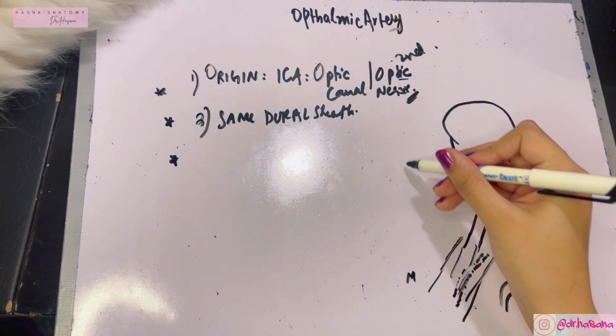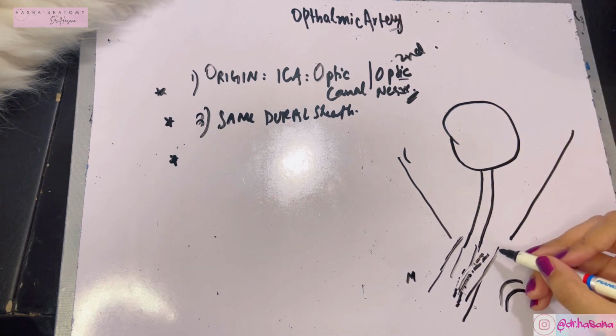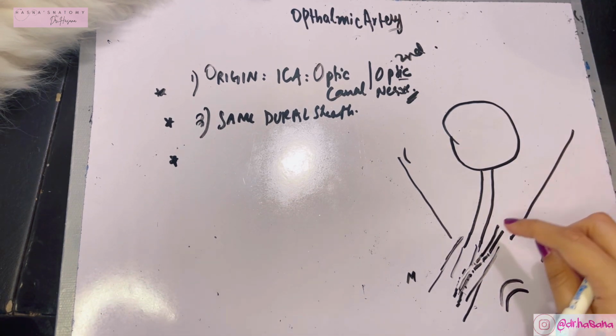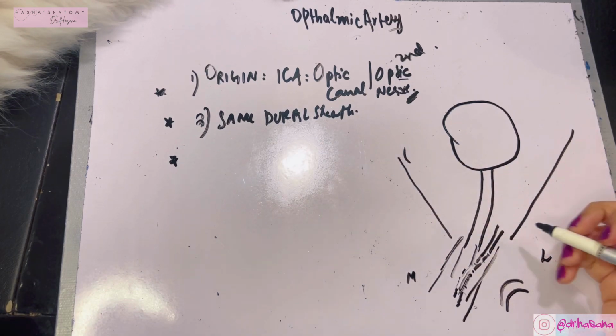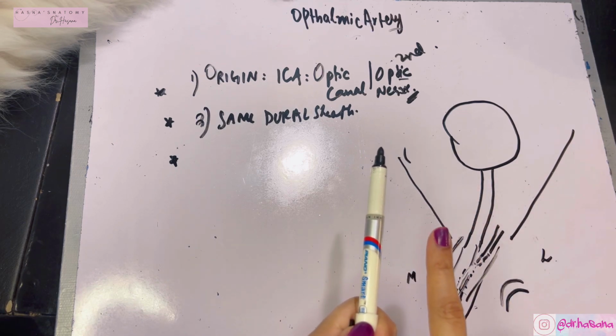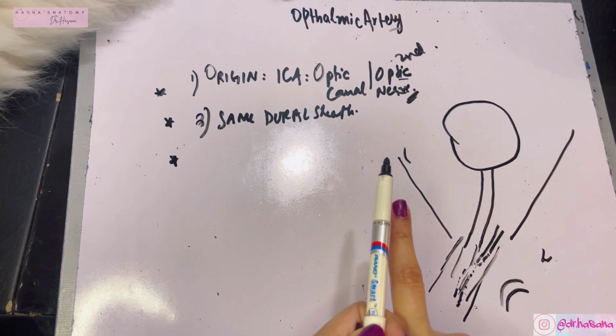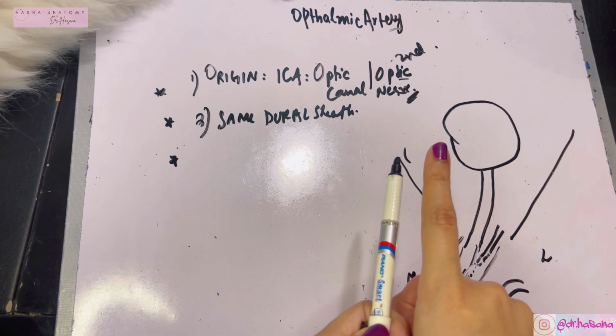Now what happens is, suppose the orbit is right here. Once the ophthalmic artery enters the orbit, it pierces the dural sheath that it is encased in with the optic nerve, and it ascends. Suppose this is the optic nerve, and my finger is the ophthalmic artery. When it enters the orbit, it ascends, and you can see it remains lateral to it, right?